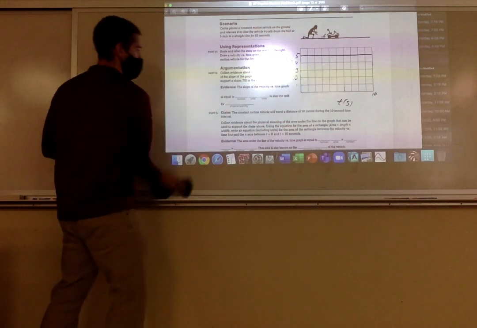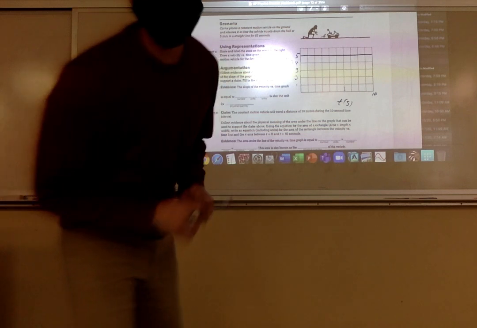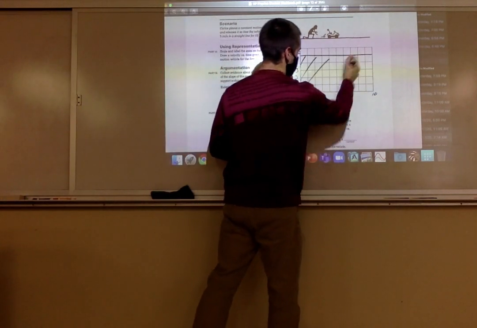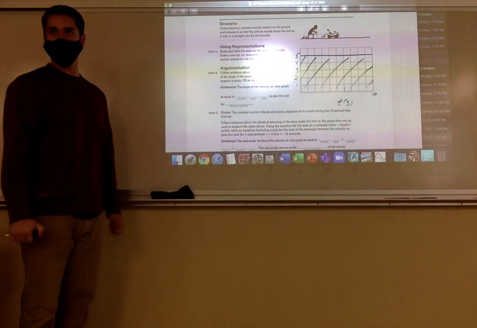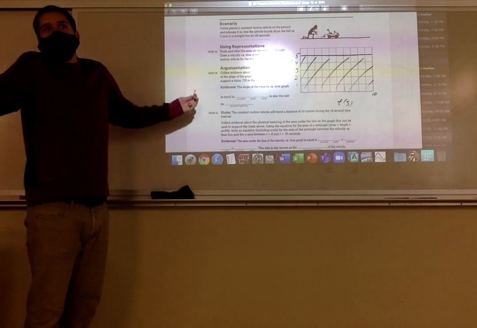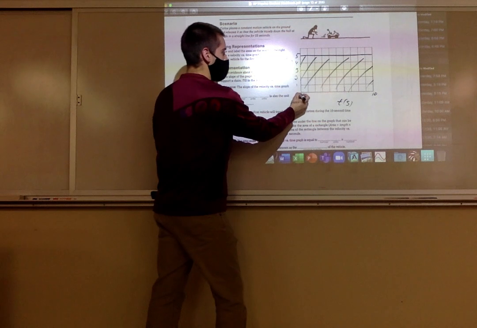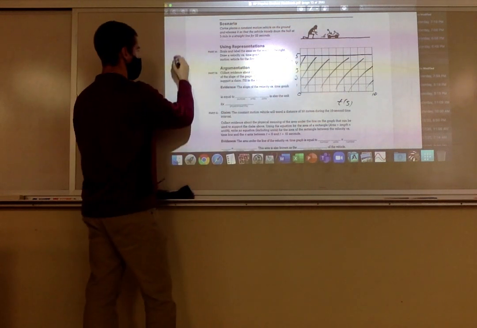Now, what it asks, if you look, I'm going to leave this up. What it asks you is, what's the area under this line? This was a weird question. Well, how do you find the area of a rectangle? Length times width, right? My length on this side is 5 meters per second.